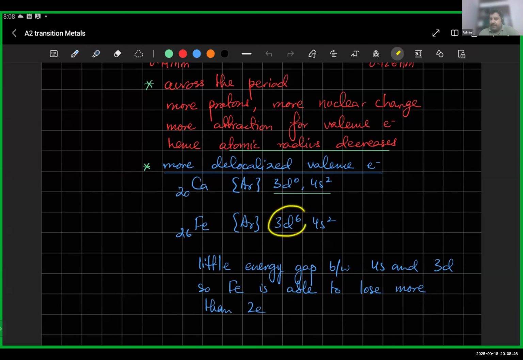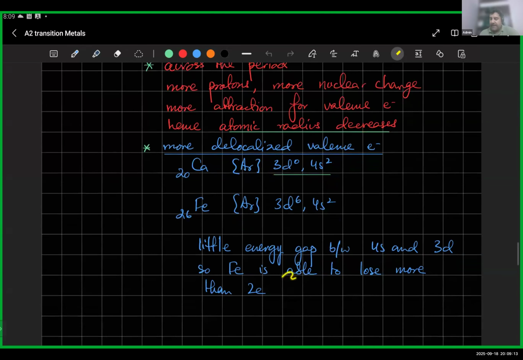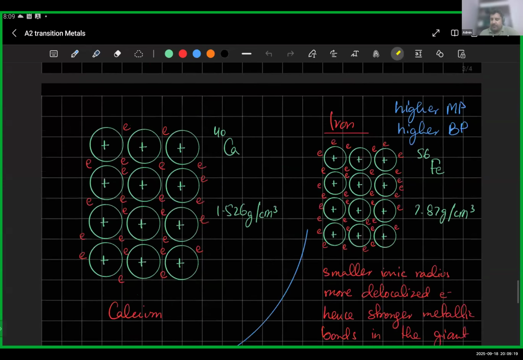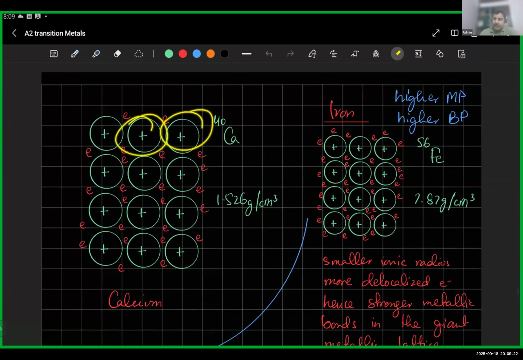In iron's case, the 3d is partly filled and there's very little energy gap between the 4s and 3d; these two subshells are very close together. So if you apply more force, you can remove electrons from the 3d as well, so more electrons can be lost. In calcium, only the outer electrons can be lost. So iron is able to lose more than two electrons, which is why, if you look at the metallic bonding, calcium is going to be bigger in size, while iron is going to be smaller in size.